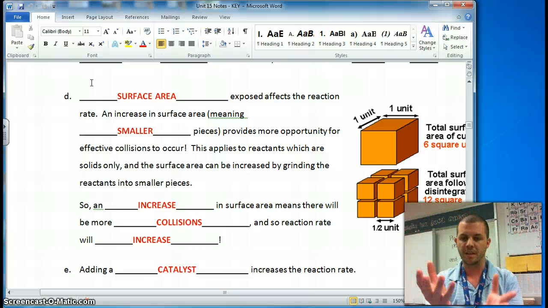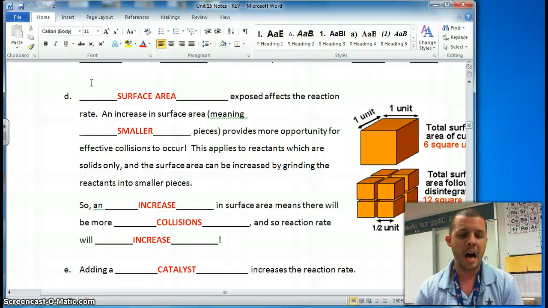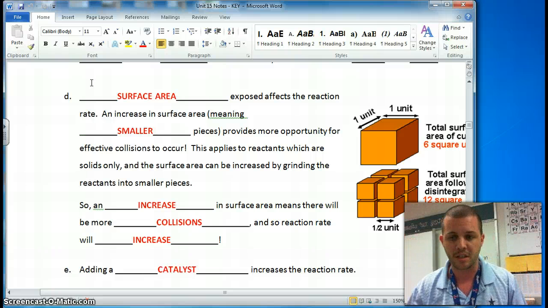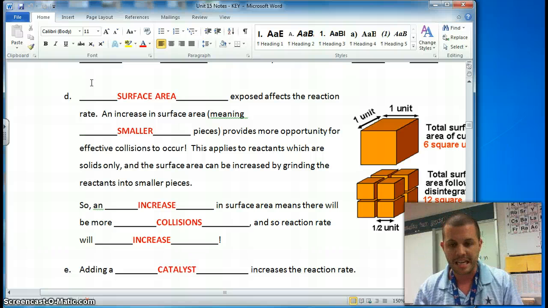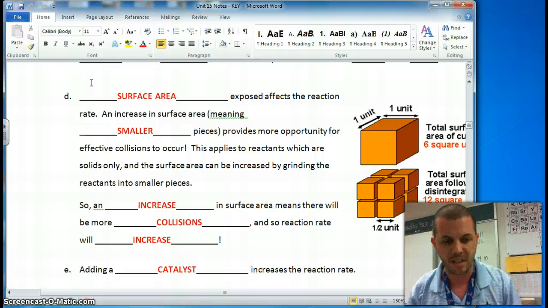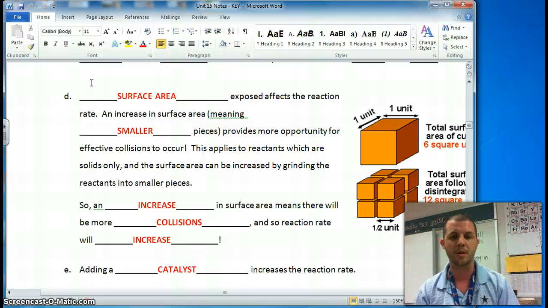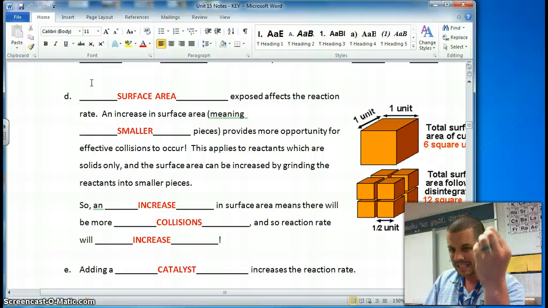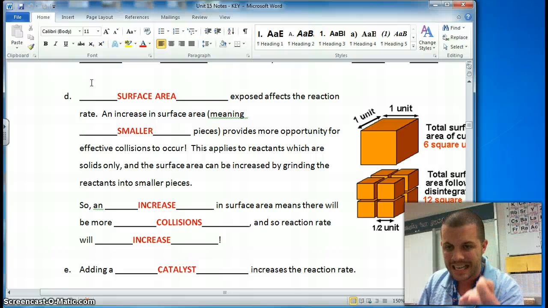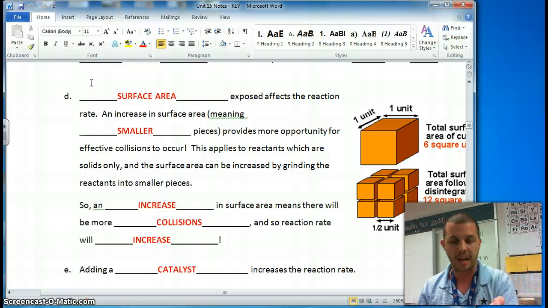Well, when everything else around it dissolves. Same thing with reactions. If you've got a big giant piece of zinc and you drop that big giant piece of zinc into a swimming pool full of hydrochloric acid, when is that last atom of zinc that's in the dead center of that block going to react? When all the other stuff around it has reacted.